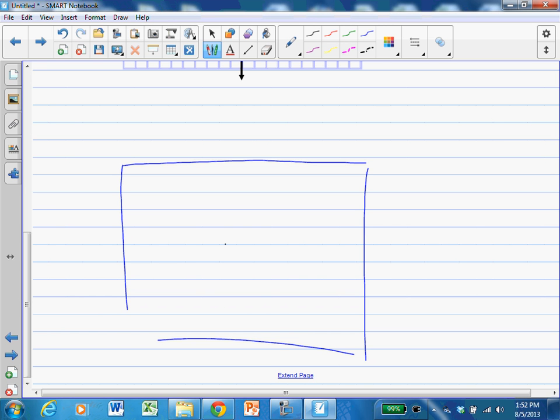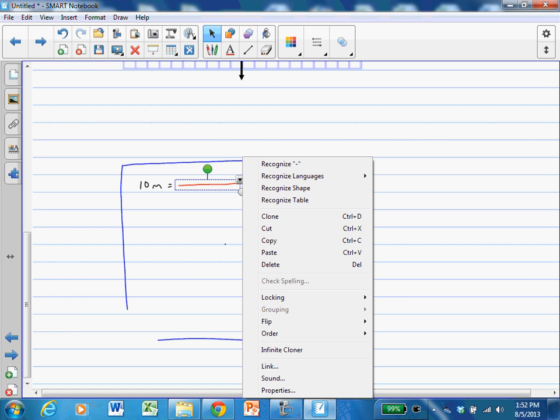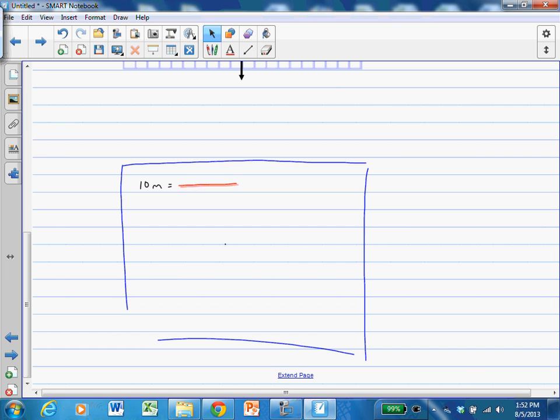Well, if 10 meters was equal to this line, right? Then we can move out 10 meters this way. We can move 10 meters that way. We can move 10 meters that way.